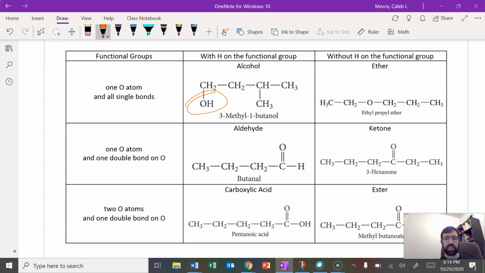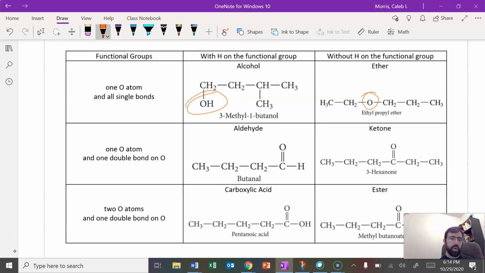Ethers look like this. Okay, it's very similar to an alcohol. So if you've got one oxygen atom and all single bonds, it's either going to be an alcohol or an ether. So an alcohol would have OH. An ether has oxygen somewhere in the middle.